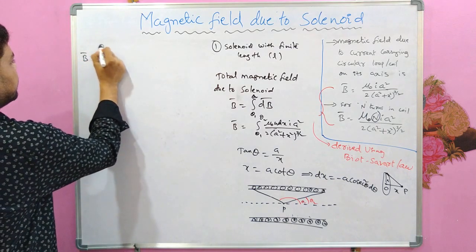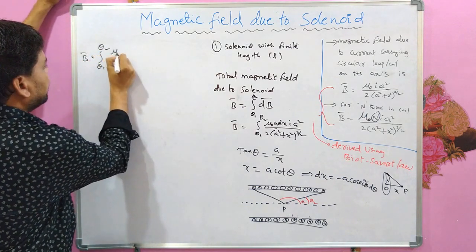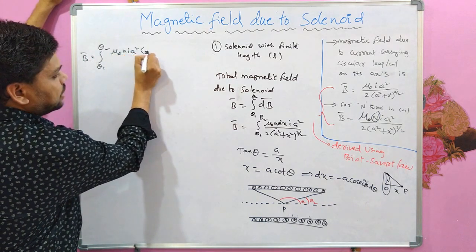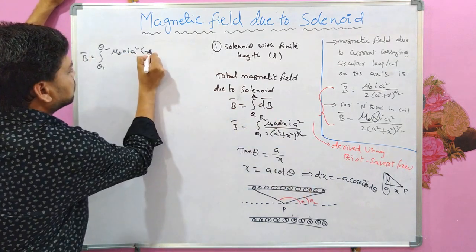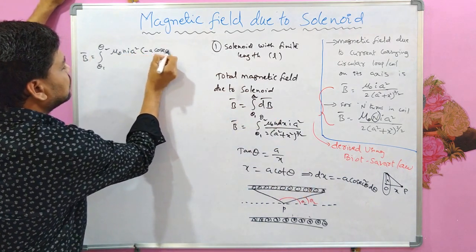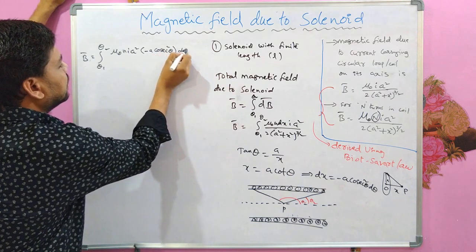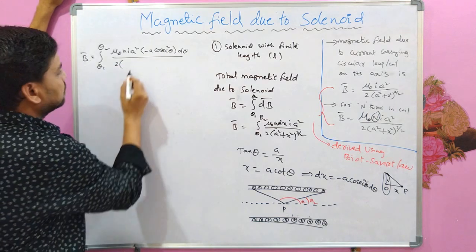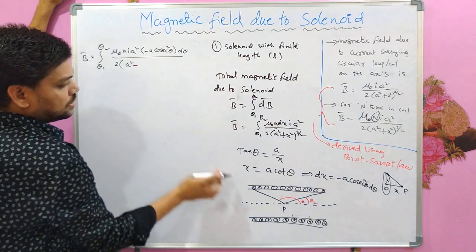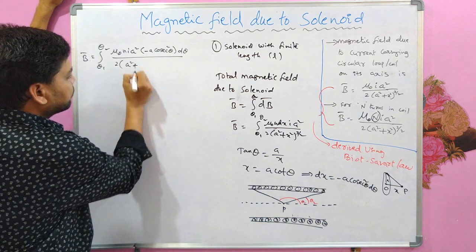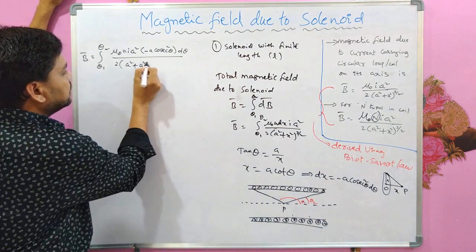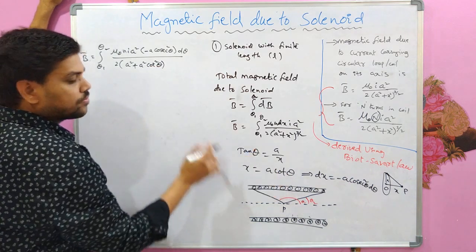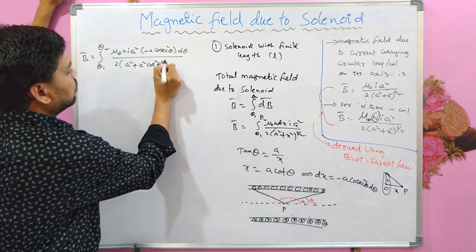Integral theta 1 to theta 2 mu naught n I a square into minus a cosecant square theta d theta by 2 into (a square plus x square means what? a square cot square theta I can write in place of x square) whole power 3 by 2.